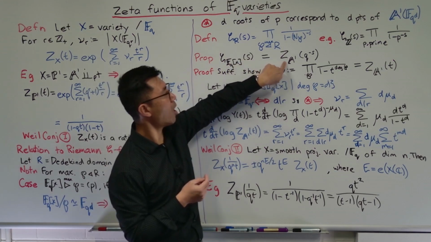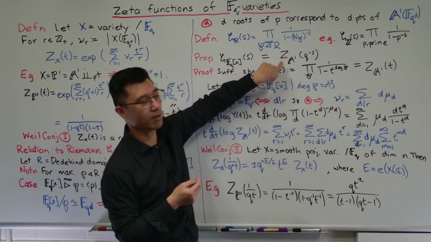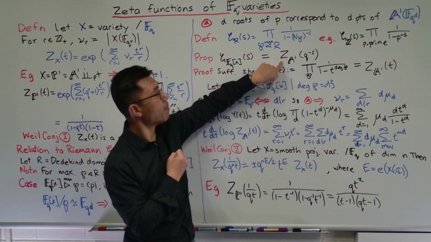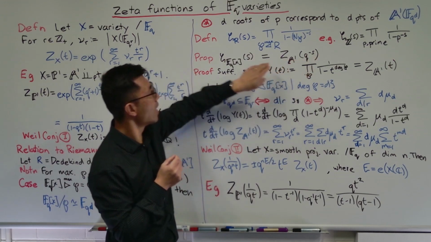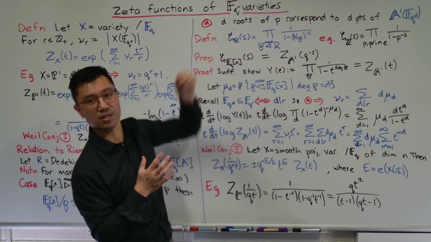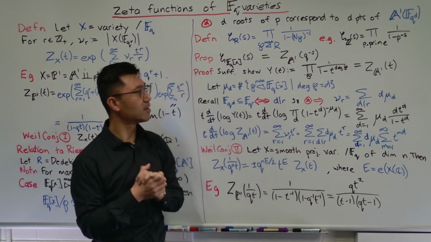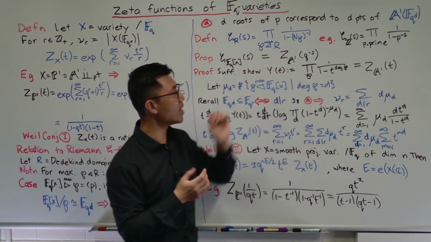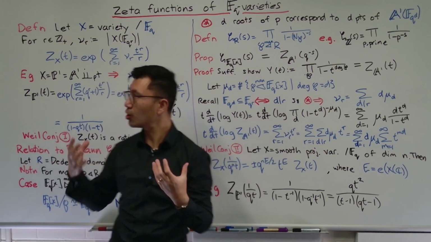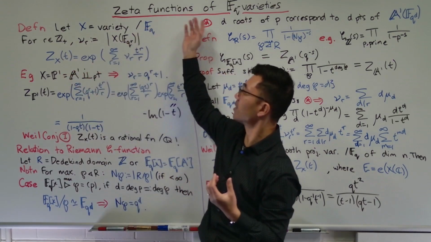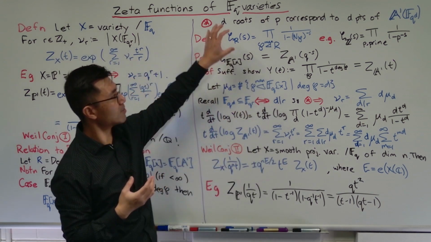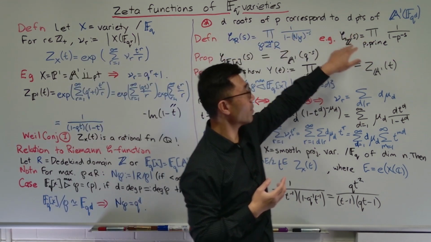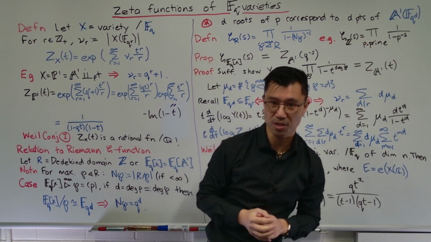I've written this zeta function of A^1 as a function of t, but I claim that if you take the change of variable t equals q to the minus s, then you will get this version of the zeta function. That's what I want to show you now: how the notion of zeta functions for varieties, as I've defined here, is connected to a more familiar one that you might have seen in number theory, Riemann's zeta function.